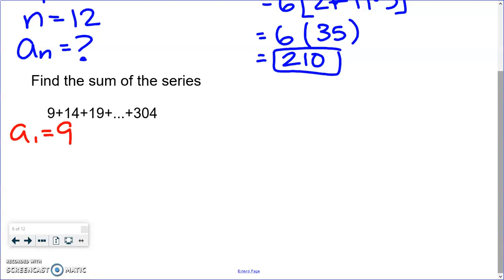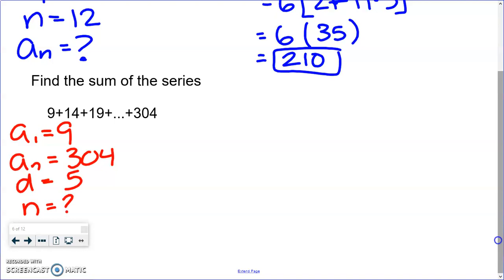The first number is 9. The last number is 304. The difference, it looks like, is adding 5. And our n is our unknown. So the formula from our previous lesson said the very last number equals our first number plus n minus 1 times the difference.